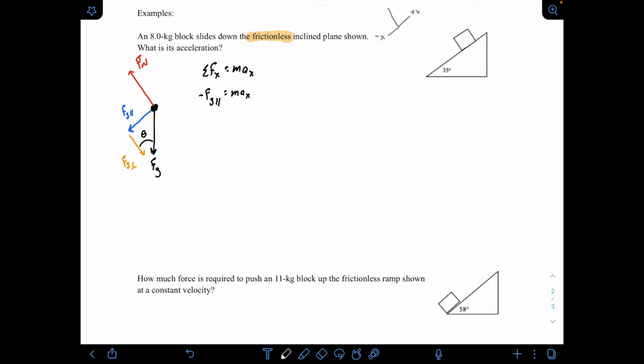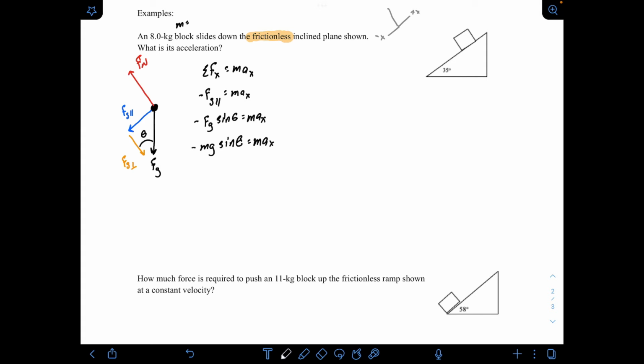I then start breaking it down because the only thing I have here is a mass, and I know gravity, so I start breaking it down as far as I can. This is FG, and since it's the opposite of that angle, we'll use the trig: negative FG sine theta equals m ax. FG is mg, so negative mg sine theta equals m ax.